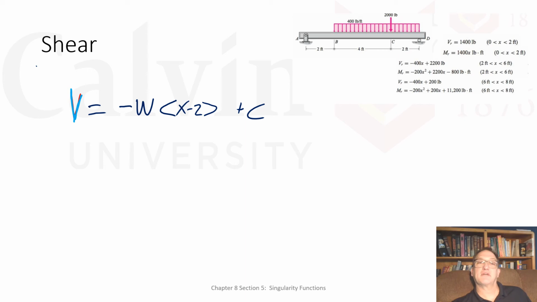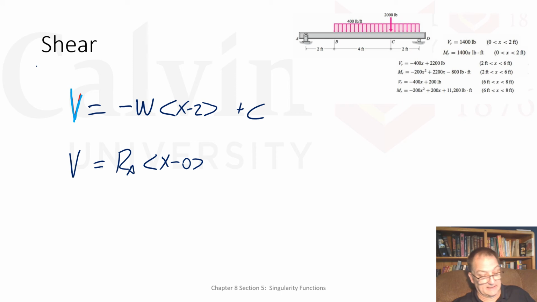Now, here's where things get funky. I'm actually going to add a couple constants. It's a constant for this part of the beam. It's another constant for that part of the beam. But here's my constant. V is equal to, I've got the reaction force at A, and that's times x minus 0. And that's a singularity function. That is true anywhere beyond 0. It's not true behind 0, but the beam equation doesn't work below that.